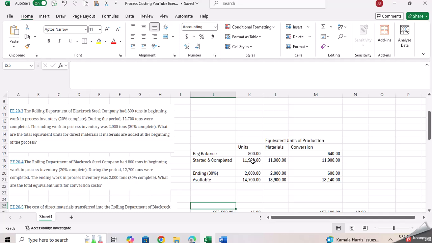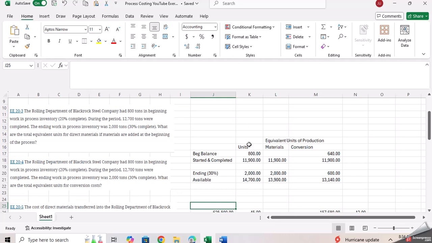They started and completed 11,900 tons. Okay, so they started with the 800, 12,700 tons were completed and then transferred to the finished goods. The ending work in process was 2,000 tons.